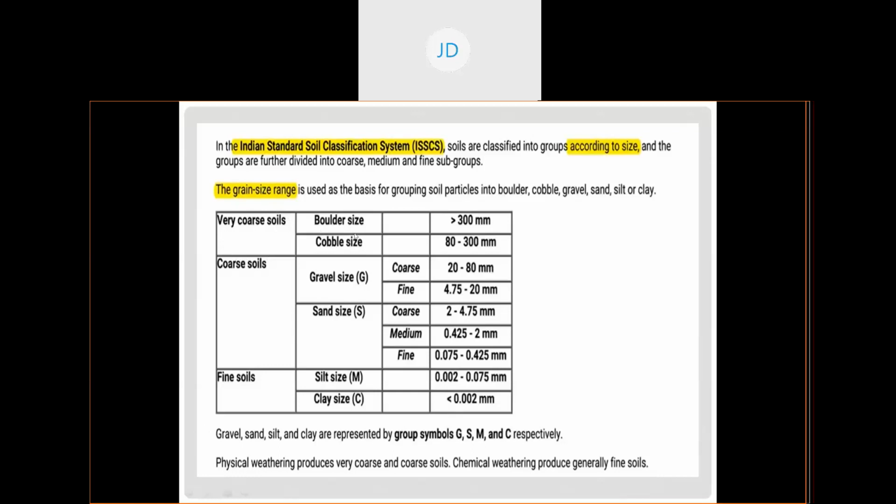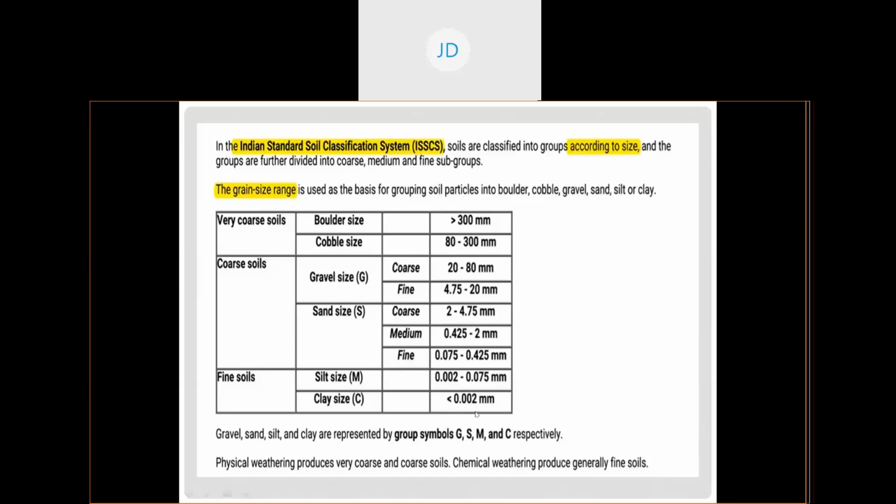The third column represents the type of the soil, whether it's coarse, fine or medium. The fourth column represents sizes in millimeters. From bottom to top, the sizes are increasing.